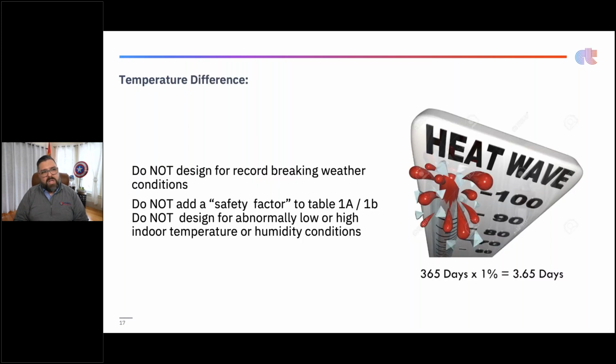So a couple things on temperature differences, right? We don't design for record-breaking weather conditions. In fact, Conduit uses ASHRAE Weather City data. It's the most accurate data we can gather, and we use the 1% design temperatures, which line up to Table 1A in Manual J, right?